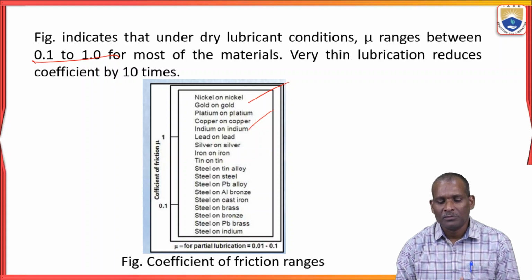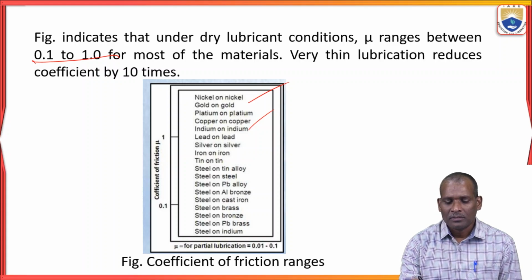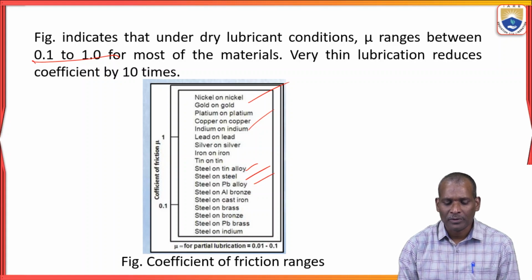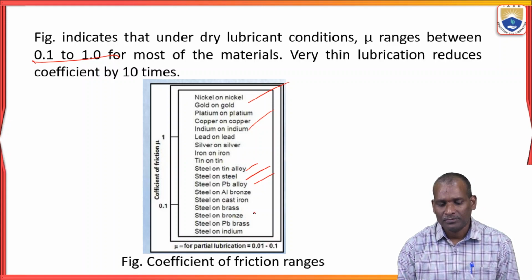One surface is indium, another also indium. Here it also shows steel on tin, steel on steel, steel on lead, and steel on aluminum. For these materials, the coefficient of friction is 0.1.